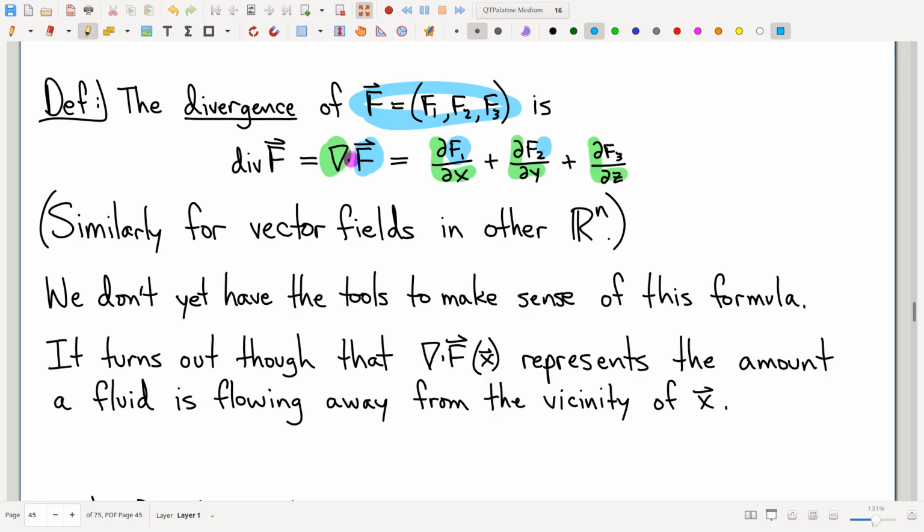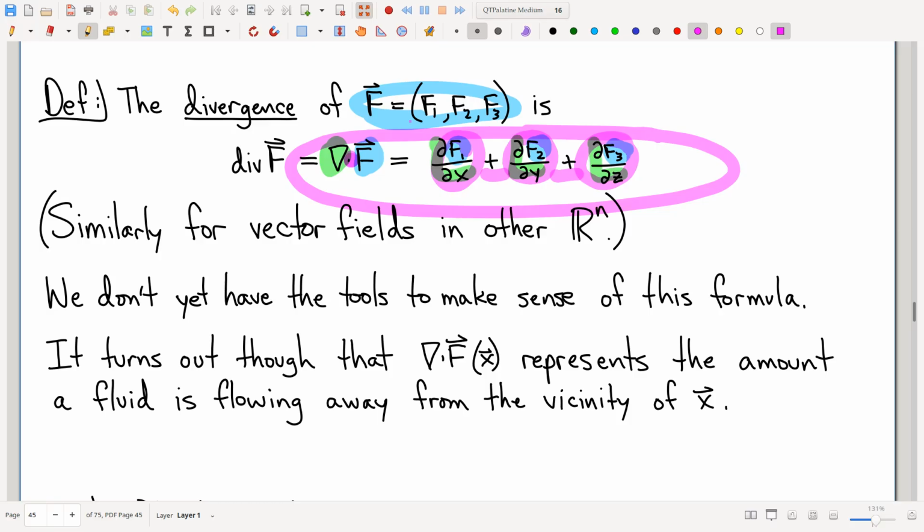These are the coordinates, literally, of the F vector field, and a dot product means you multiply. So we're going to apply the differential operators to the corresponding functions and then add. That's what dot products look like.